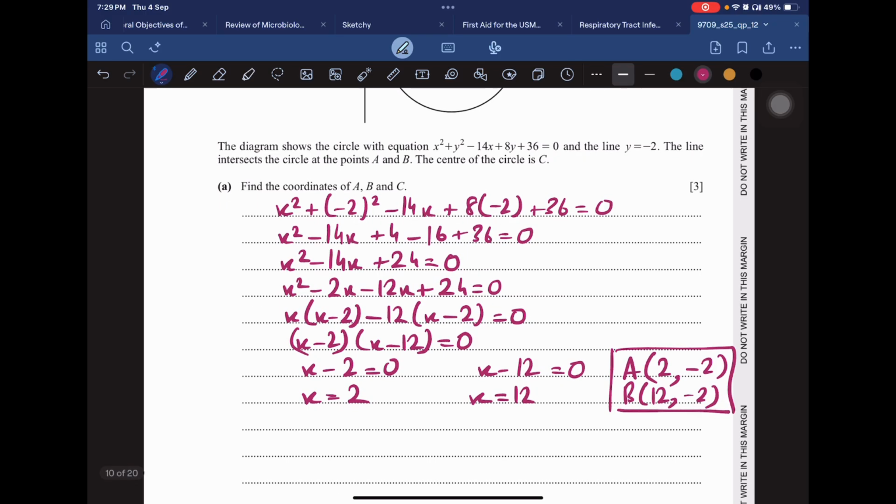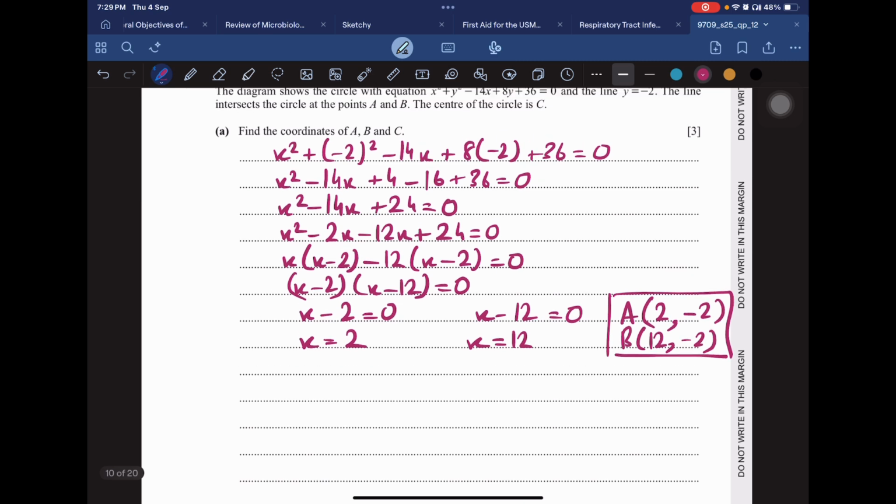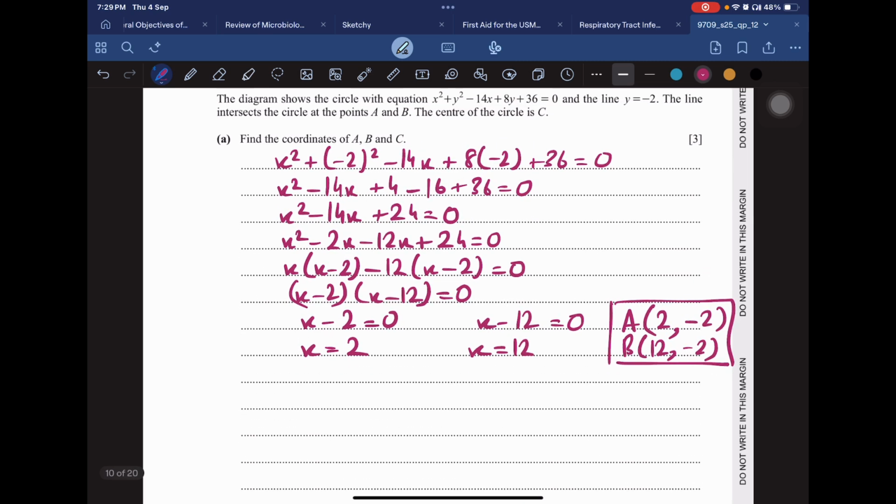So for C, we can look at the general form of the circle equation. There are two forms. The one that would be closest to what we have over here would be the one that's like this. It's x squared plus y squared plus 2gx plus 2fy plus c equals to 0.